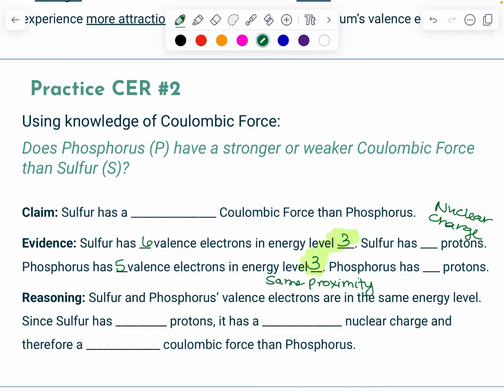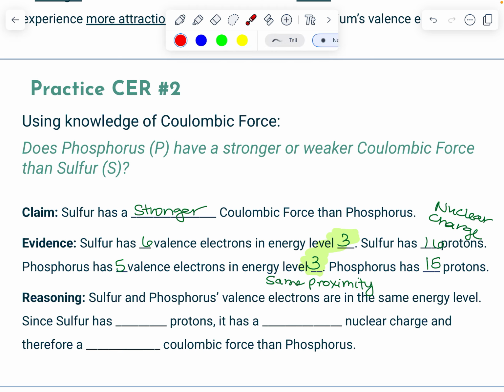So now I'm comparing: those valence electrons are the same distance away, but which one of these is going to have more charge to increase or decrease that Coulombic force? Sulfur has 16 protons. It has more protons than phosphorus, which means that sulfur is going to have a stronger Coulombic force than phosphorus.